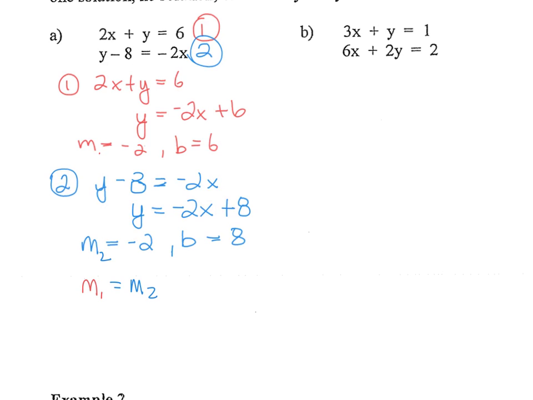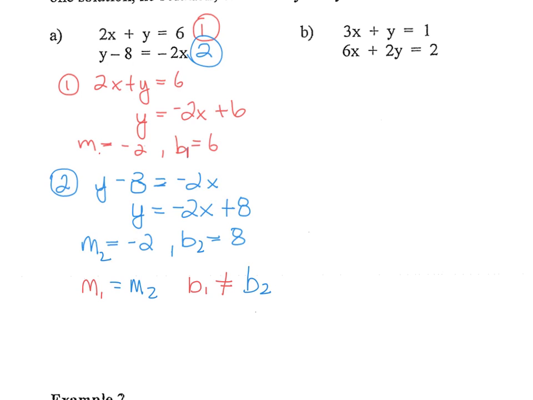So the two slopes equal each other, but my y-intercept does not equal my other y-intercept. We'll put the little subscripts there to say that that's from line 1 and that's from line 2, so we know which y-intercepts we're talking about and which slopes we're talking about.